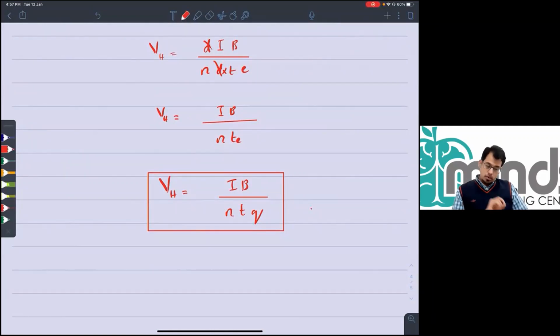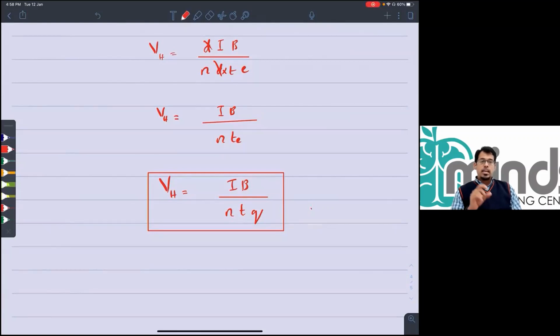In every conductor, electron density is very high, so to keep the value of N low, we prefer semiconductors. We haven't discussed semiconductors yet, but you must have some understanding from IGCSE level. In semiconductors, we have less density of the carrier. So to make a Hall probe, the chip which can serve as a Hall probe, we prefer semiconductor, because sometimes in the exam they can ask: why are semiconductors preferred to design a Hall probe?